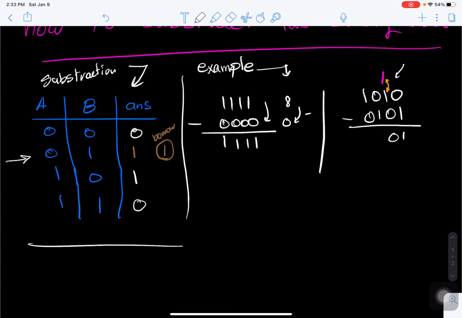Then again we have the same thing: 0 minus 1 is 1, and we borrow 1 from the next column, and 1 minus 1 is 0, then 0 minus 0 becomes 0.